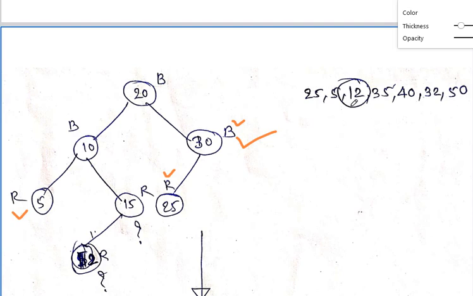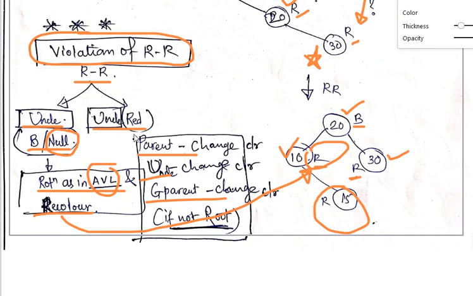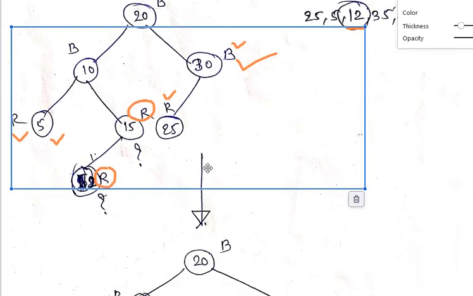Next is element 12. Once it is inserted here, there is a red violation. So we check its parent, which is element 5, and that is again red. Sorry, the uncle is red, so we need to change the colors of the parent, uncle and grandparent.